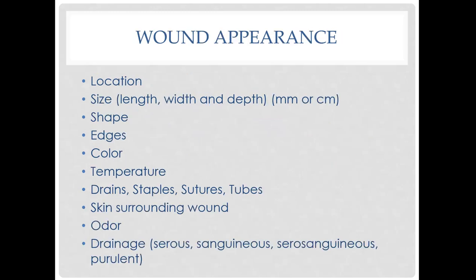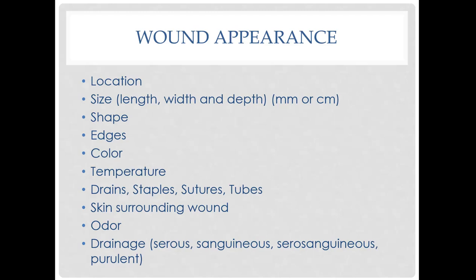Okay, and then we want to assess and document what the wound looks like. Where is it located? What is the size and shape? Are the edges well approximated or are they jagged? Color, temperature. Do they have drains? Do they have staples, sutures, or tubes? For the staples and the sutures, we want to count how many.